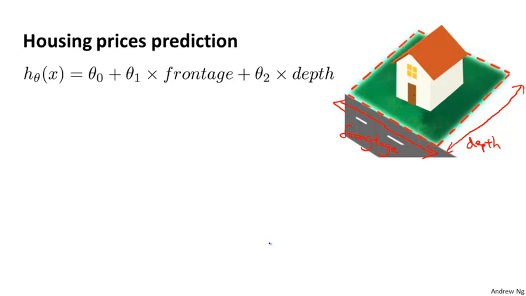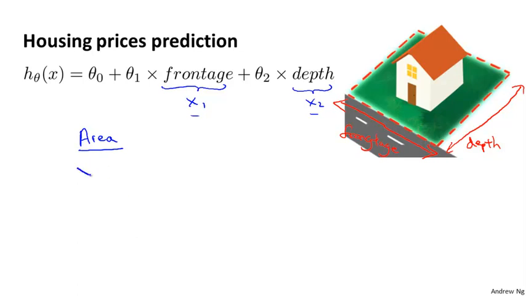So you have two features called frontage and depth. You might build a linear regression model like this, where frontage is your first feature x1 and depth is your second feature x2. But when you're applying linear regression, you don't necessarily have to use just the features x1 and x2 that you're given. What you can do is actually create new features by yourself. So if I want to predict the price of a house, what I might do instead is decide that what really determines the size of a house is the area, really the land area that I own.